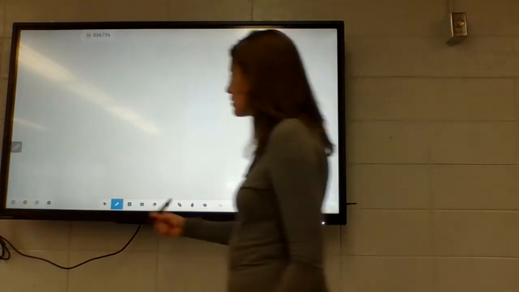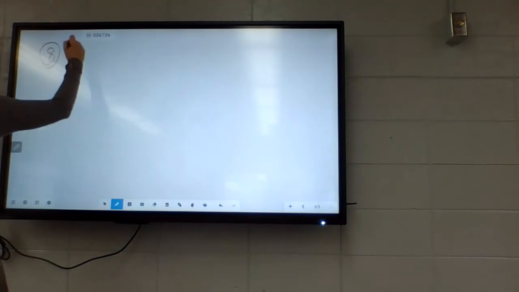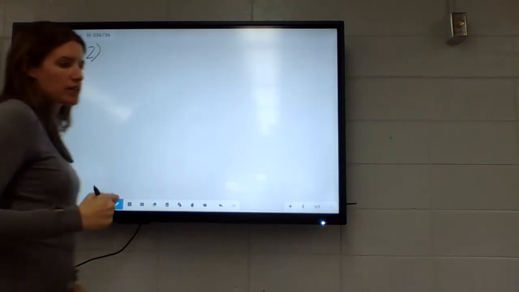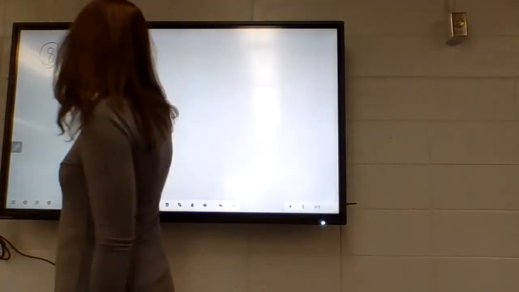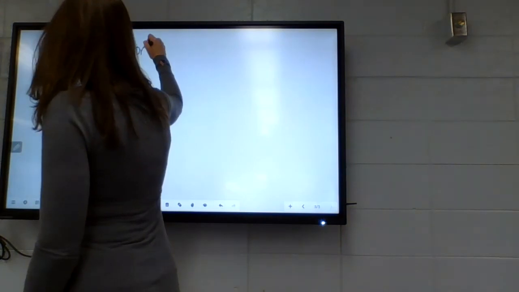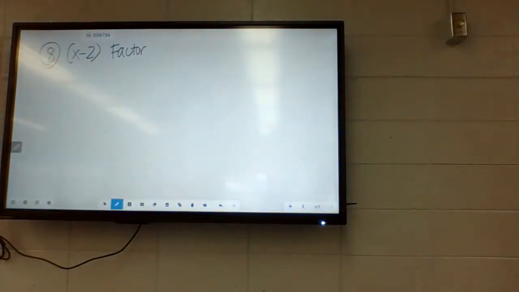So they tell me x minus 2 is a factor, I believe, because it says a remainder of 0. But then it also tells me it has a degree of 5 and then a 0 at negative 3.